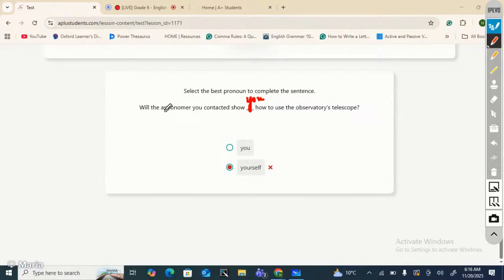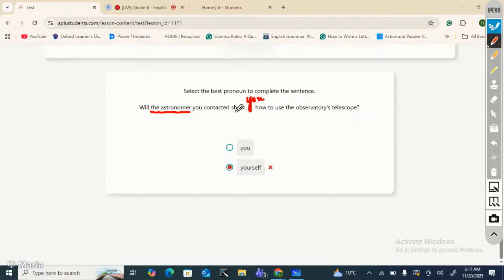So what is the subject? You do not have to use a reflexive pronoun here, okay? Because the subject of the sentence is astronomer. Will the astronomer show? This, you contacted, is another part of the sentence.